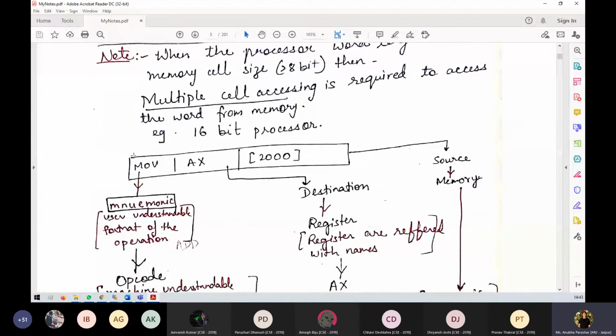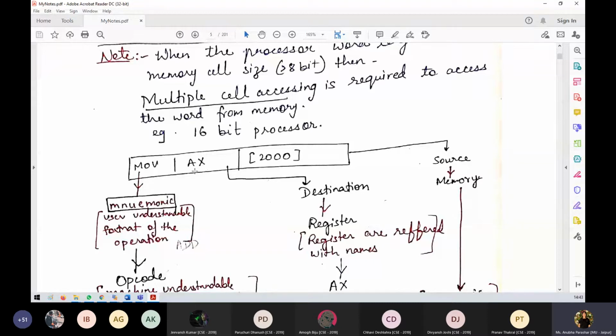Next, this is what I was telling yesterday. When you have one such command, let's say move AX, AX is the register name. This is the microprocessor register, which has a fixed name.